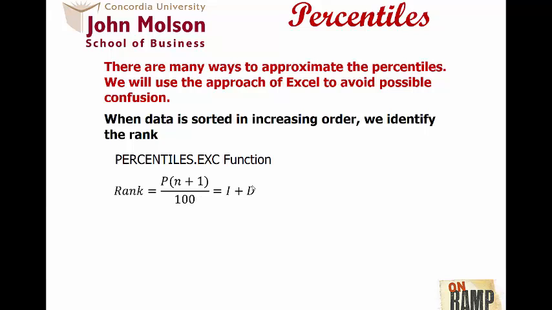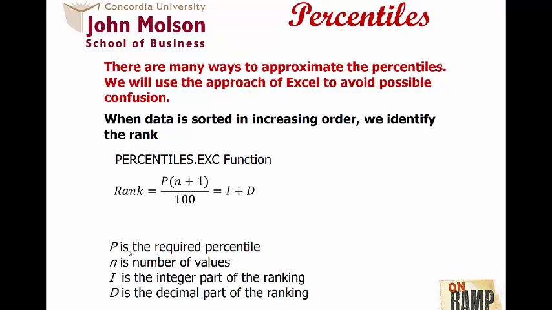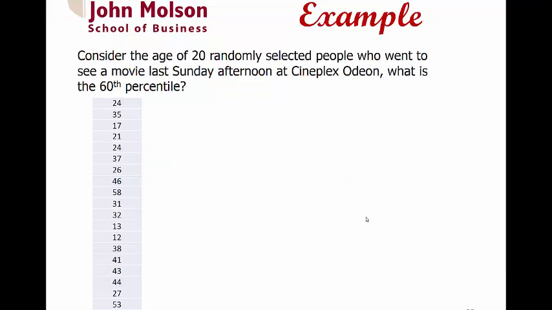And the number that I will get, I will divide into two parts, an integer part and the decimal part. P is the required percentile, n is the number of values, I is the integer part of the ranking, and D is the decimal part of the ranking. PERCENTILE.EXC is used by Excel also to build the box plot that we will see later.